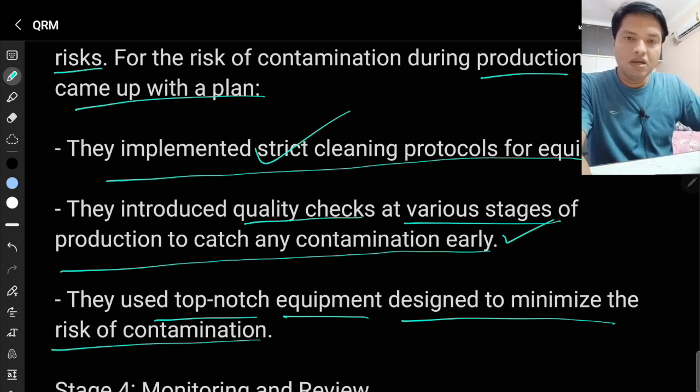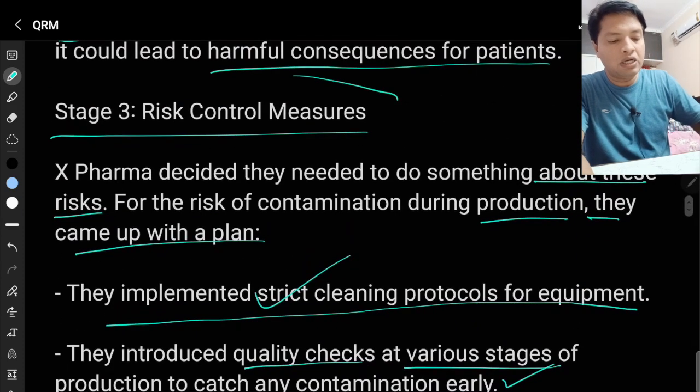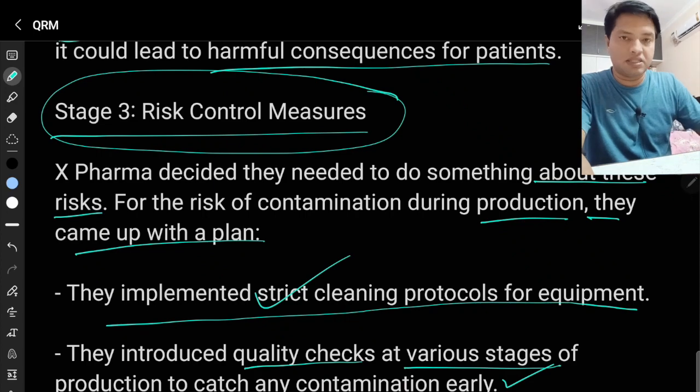They purchase new, very good equipment where the risk of contamination is very low. So this is how they control the risk. That's what we call risk control measures.